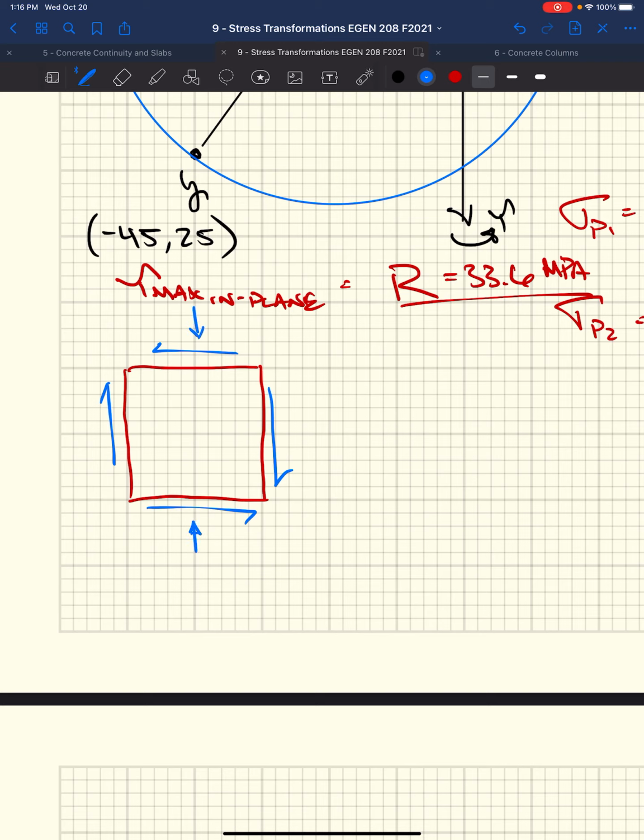Right, we had a shear stress of 25 megapascals. We had a compressive stress acting on the y face, right? That's how we got our coordinates, the values at each of these faces, the x faces and the y faces. So we have our initial orientation.